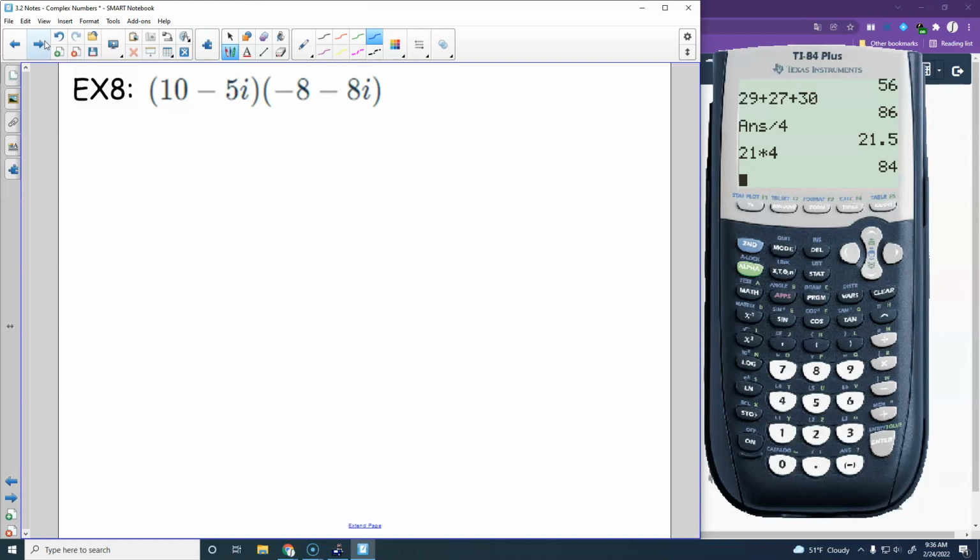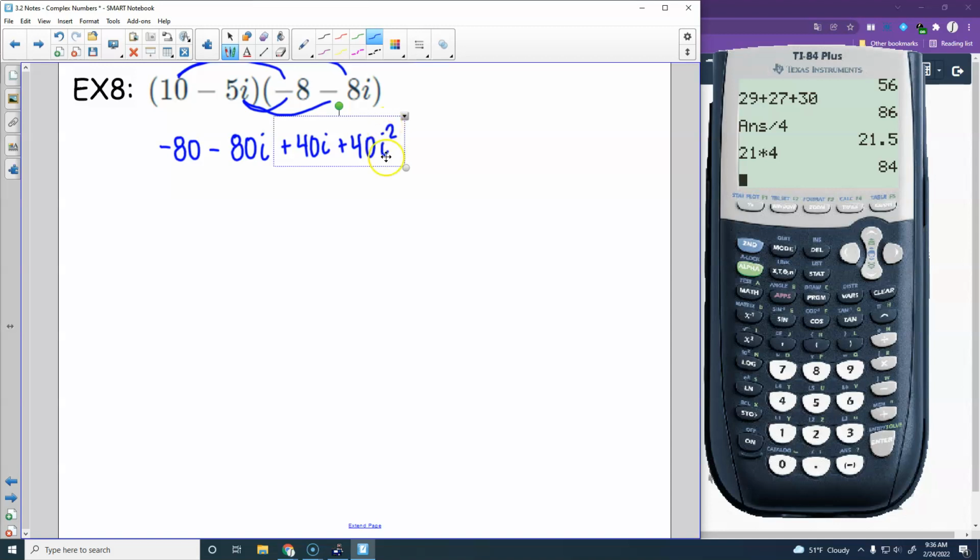All right, let's do another one here. So we would do 10 times negative 8. We'll get negative 80. We'll do 10 times negative 8I to get negative 80I. We got negative 5I times negative 8 is going to give us positive 40I, and then we'll get positive 40 I squared here.